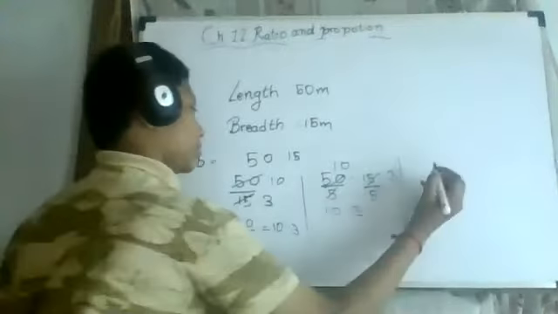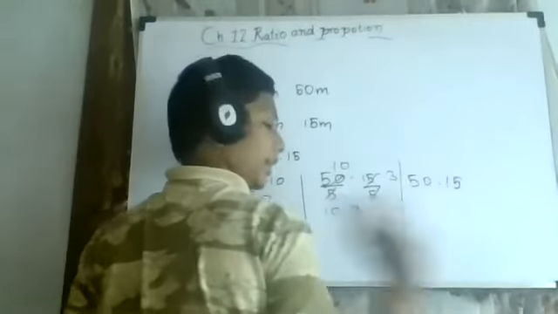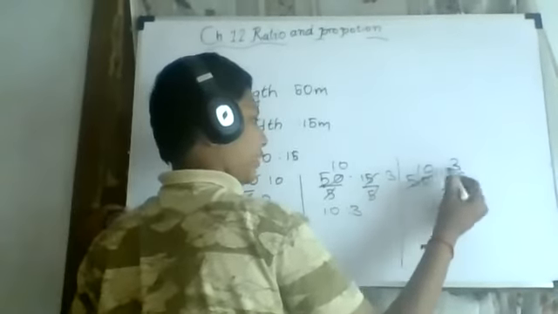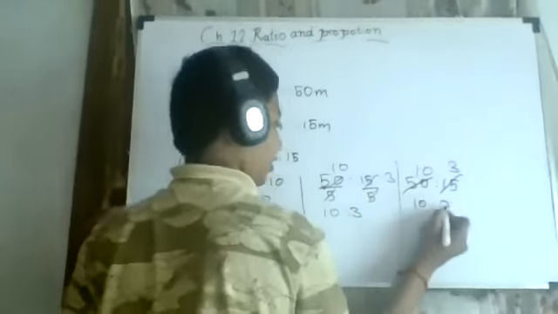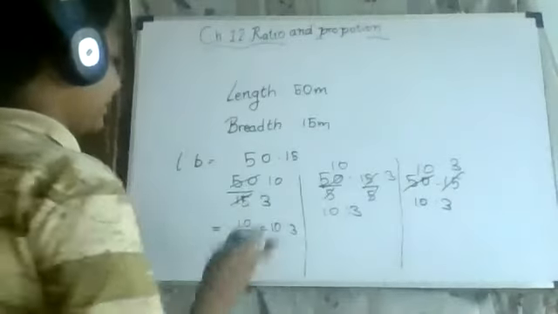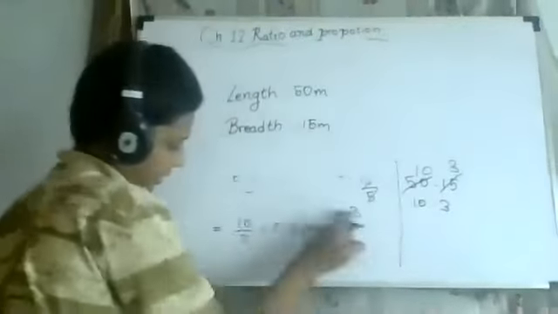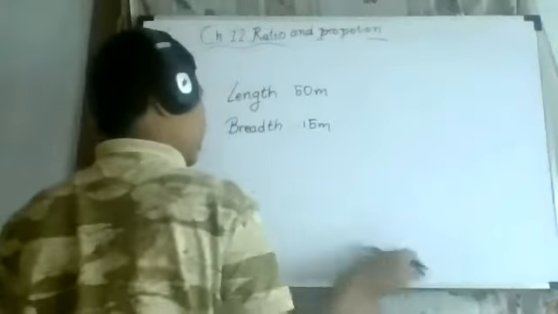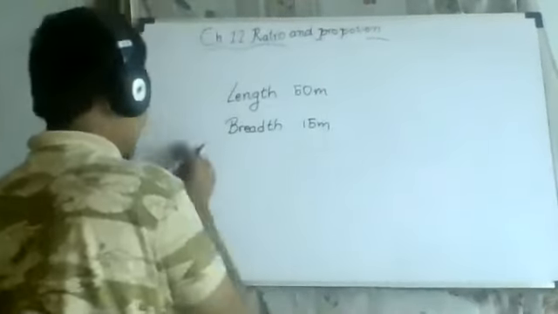One more method also we can do: 50 is to 15, directly, no need of fraction. Here itself we can cancel. 5 tens are 50, 5 threes are 15, 10 is to 3. Either way we get the same answer. Here the units are the same, so I am able to solve it.